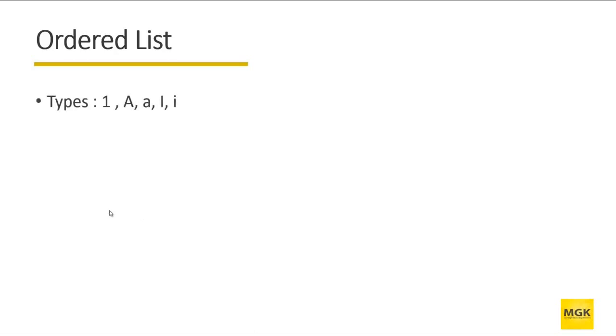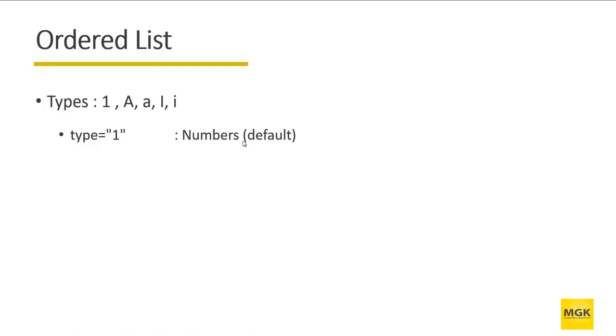There are so many types of ordered list. As you can see, you can write numeric format, you can write alphabetic format, small or capital, Roman, capital Roman and small Roman format. So how will you define the type of your ordered list? There is a type attribute, and you define the type of your ordered list with it. If I define type as 1, it means it will show numbers.